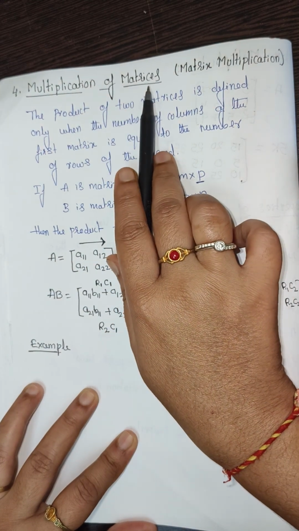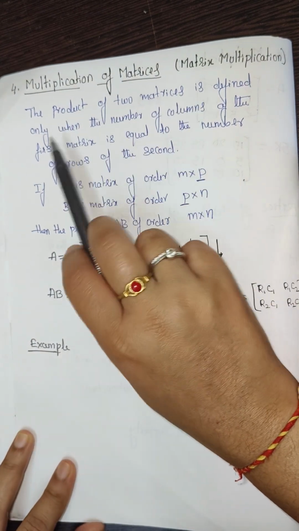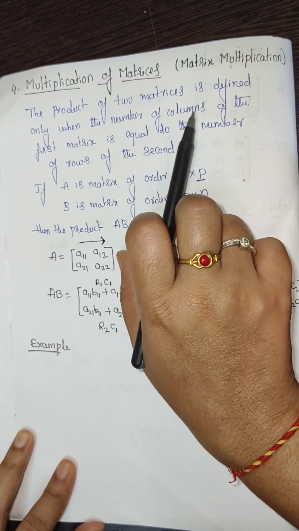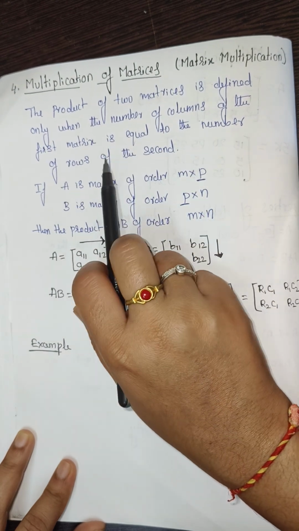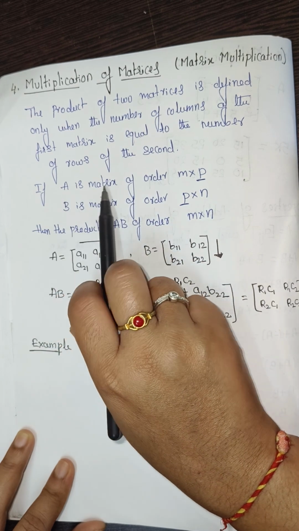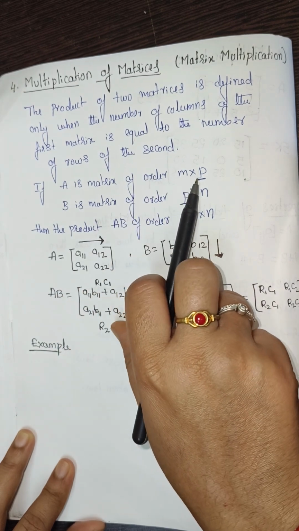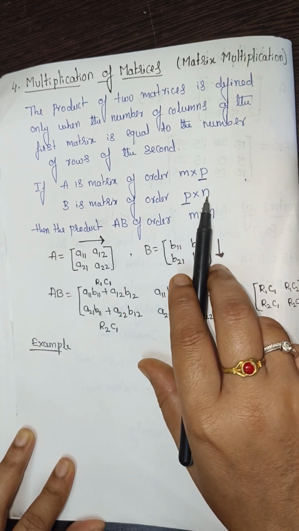Next is multiplication of matrices. The product of two matrices is defined only when the number of columns of the first matrix is equal to the number of rows of the second matrix. That means if A is a matrix of order m by p, then B is a matrix of order p by n.